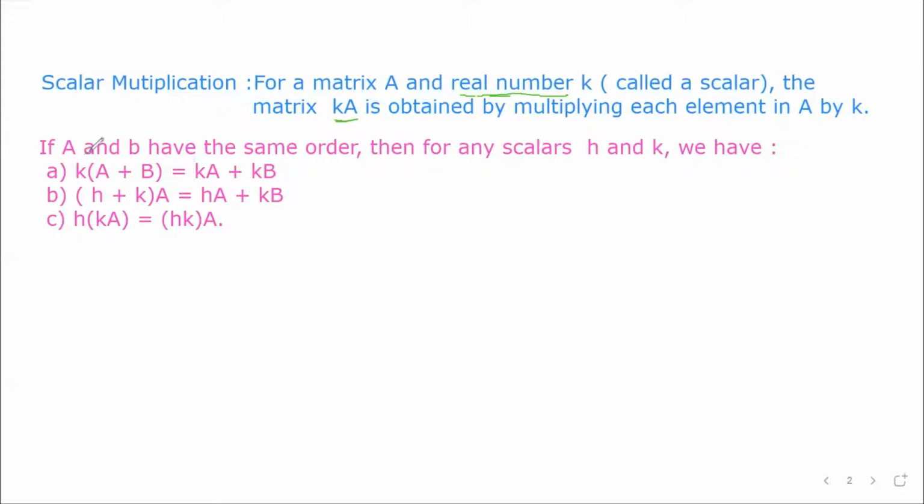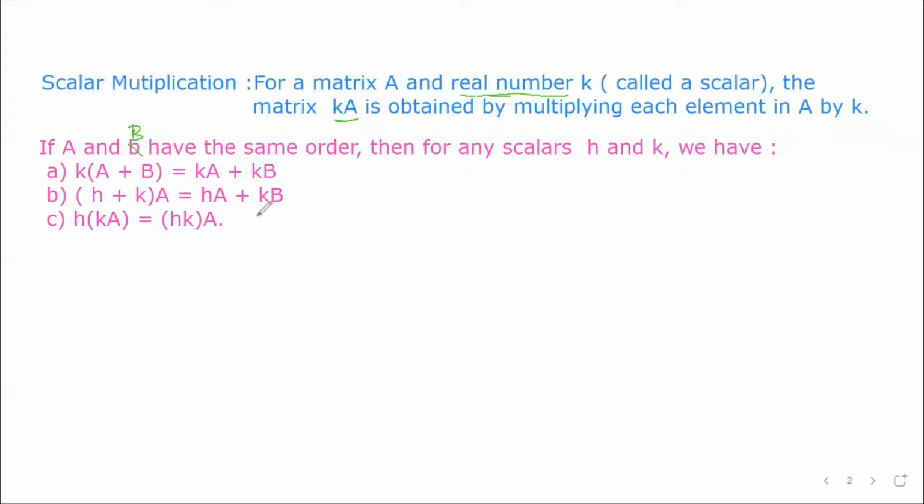Let's look at this property first. If A and B, the capital B, since it represents a matrix, have the same order, then for any scalars H and K we have K times the matrix A plus B, which expands to KA plus KB.